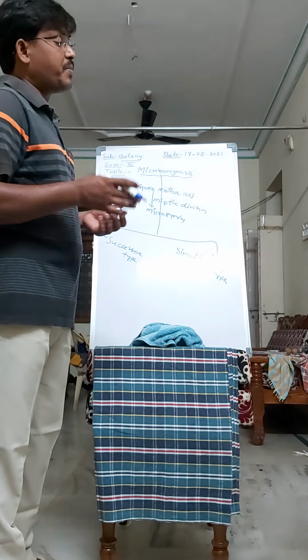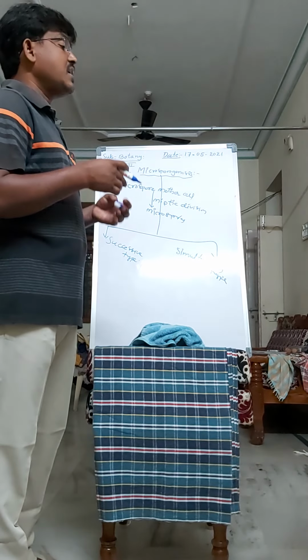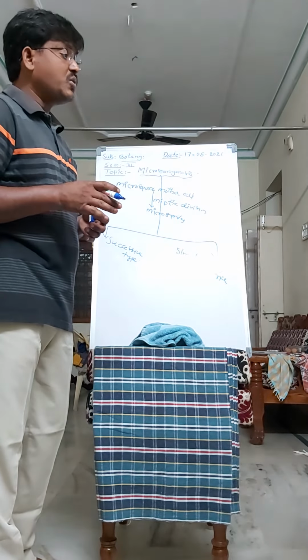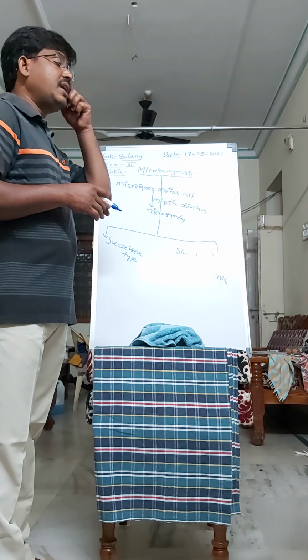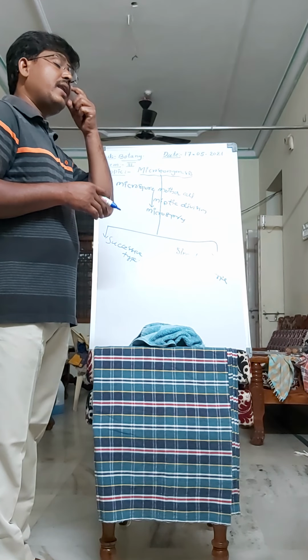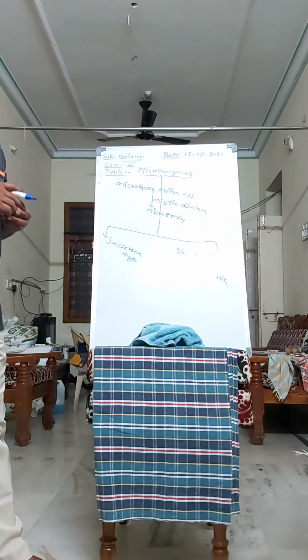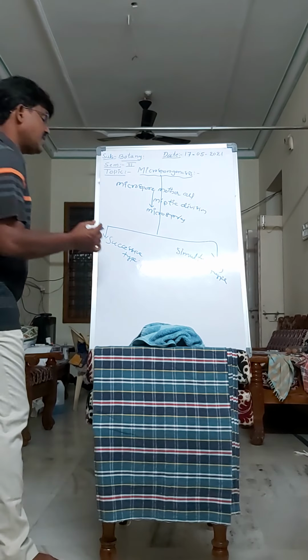This successive type of microsporogenesis is usually seen in monocotyledons and also in some dicotyledons like Podostemaceae and Apocynaceae family.